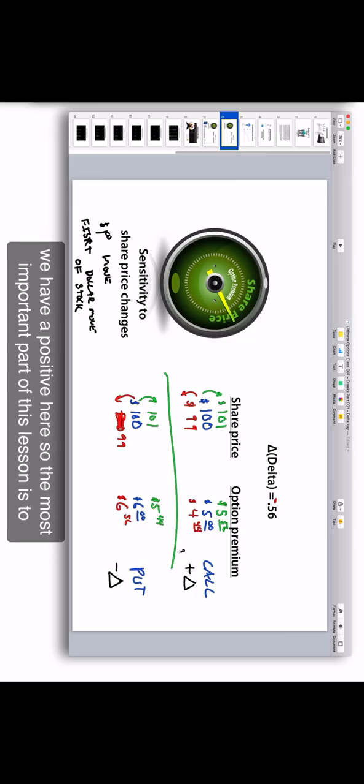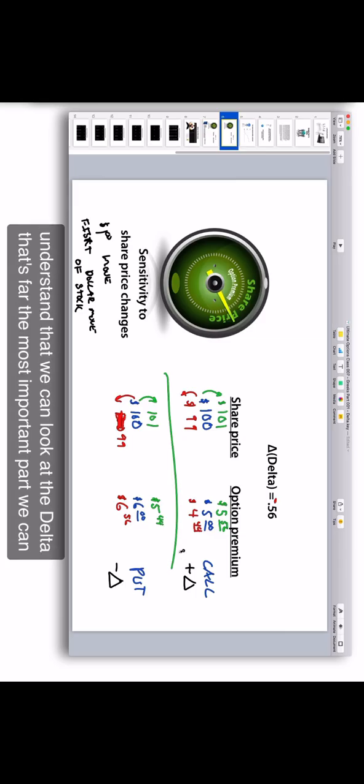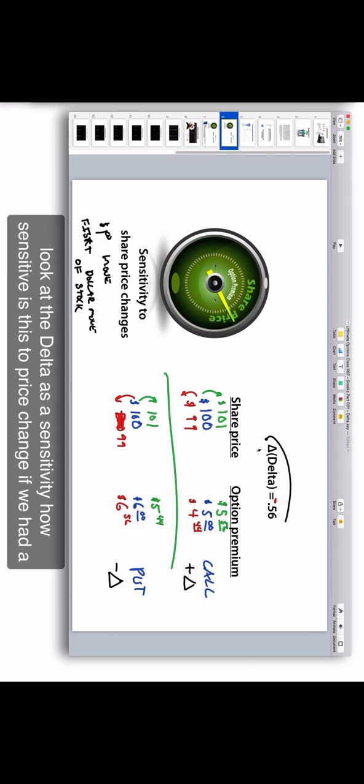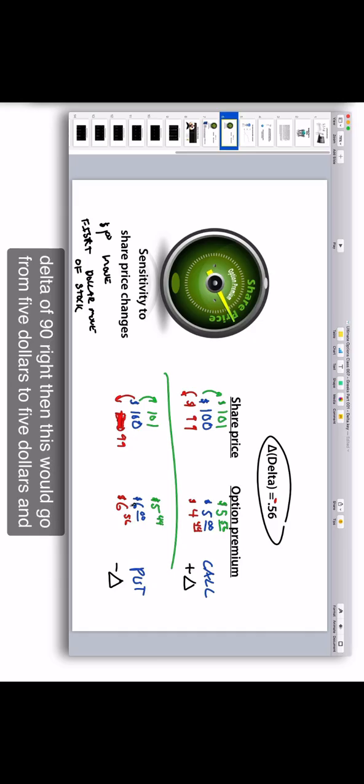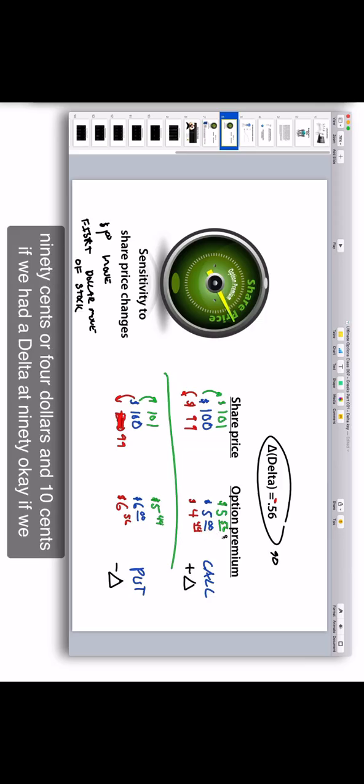So the most important part of this lesson is to understand that we can look at the delta as a sensitivity. How sensitive is this to price change? If we had a delta of 90, right, then this would go from $5 to $5.90 or $4.10 if we had a delta of 90.